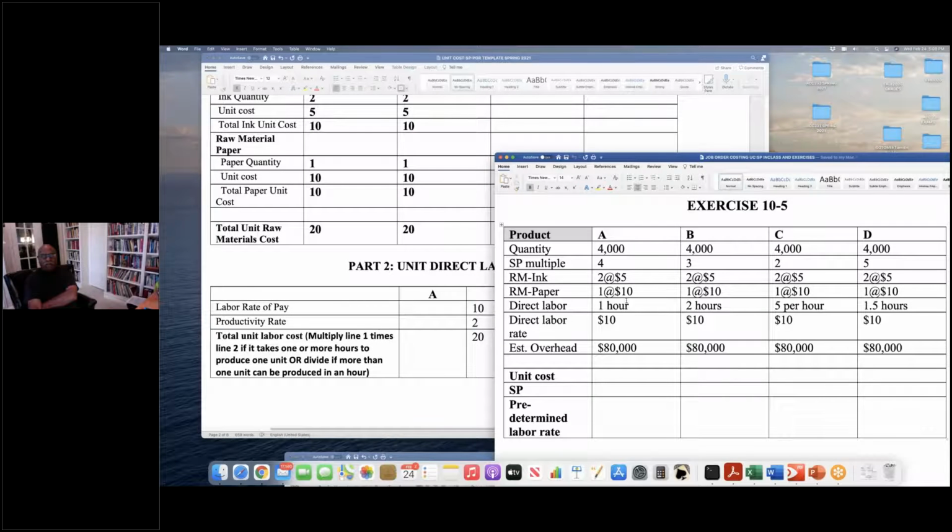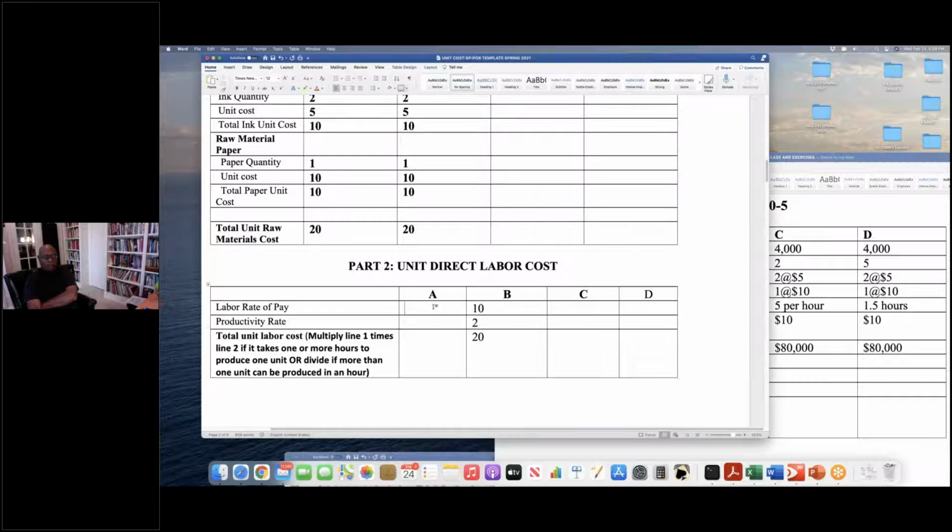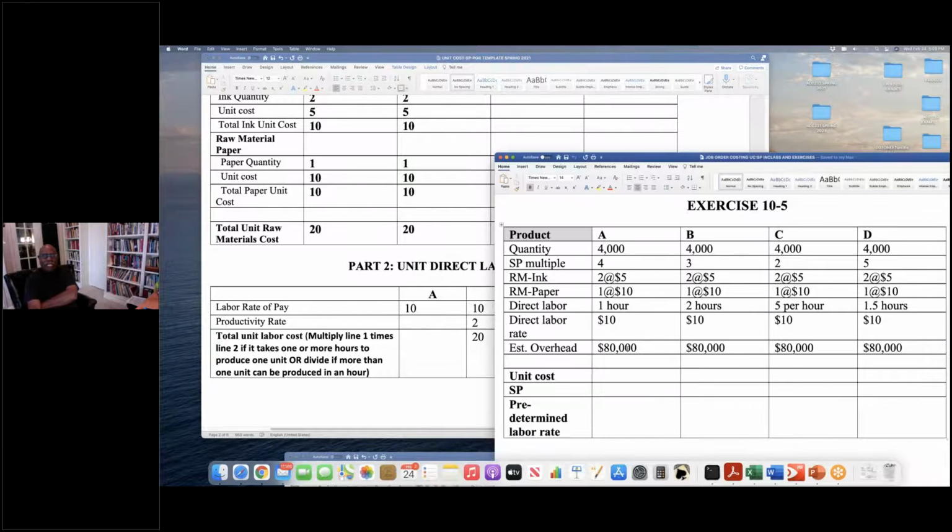Our labor rate is what? They're getting paid $10 an hour. And the productivity rate is what? 1 hour. So this is direct labor, productivity at 1 hour.